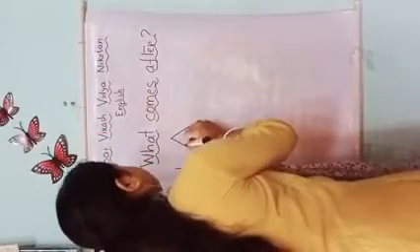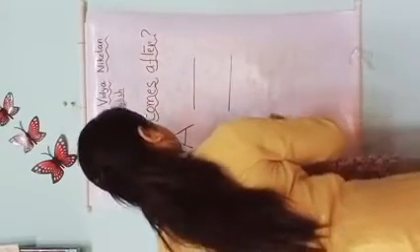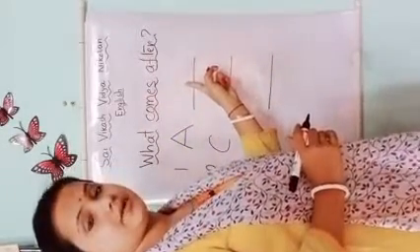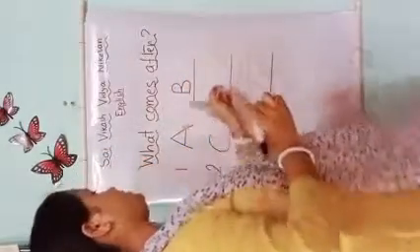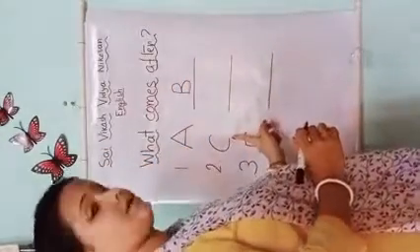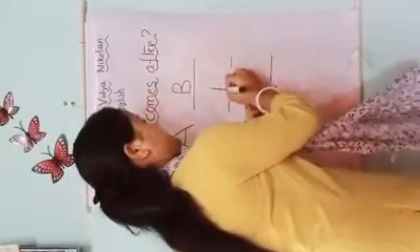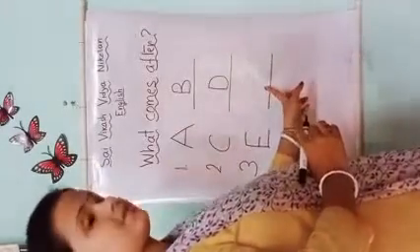Again I mention, A, then what letter comes after A? Yes, B. A, B, then C. What letter comes after C? Yes, D. Okay? Then this is letter E. What letter comes after E?